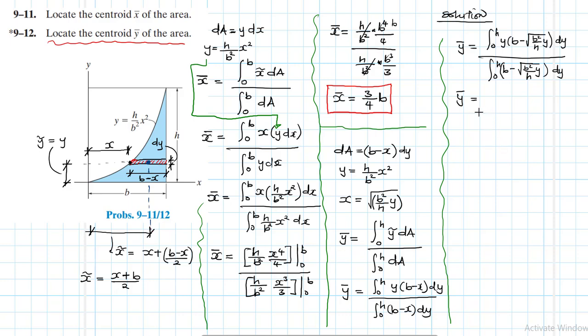If we expand this, then it becomes the integral from 0 to h. We have yb minus the root of b squared over h times y to the power half. If I wanted to convert it like that, I move it inside. And there is another y there, sorry. This y is multiplying, so once it multiplies, it becomes 3 over 2, right? You've seen this y here.